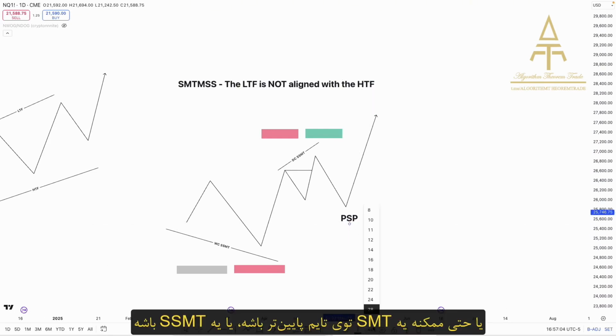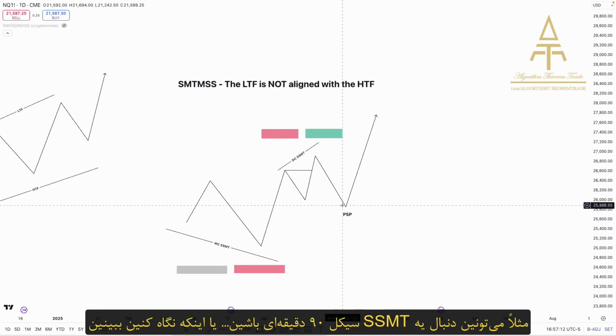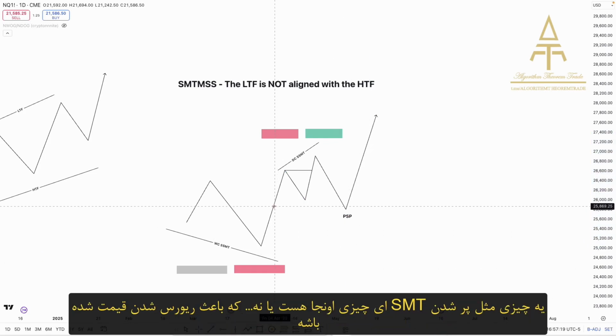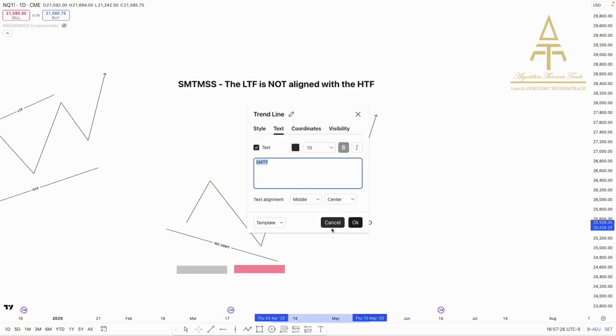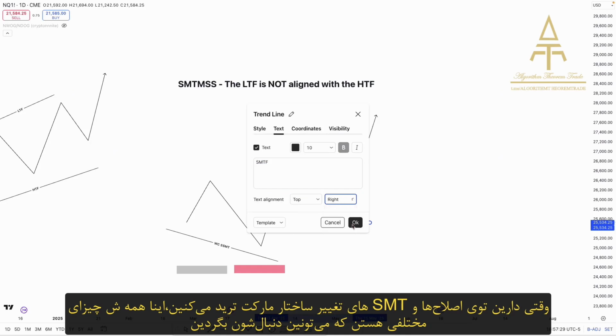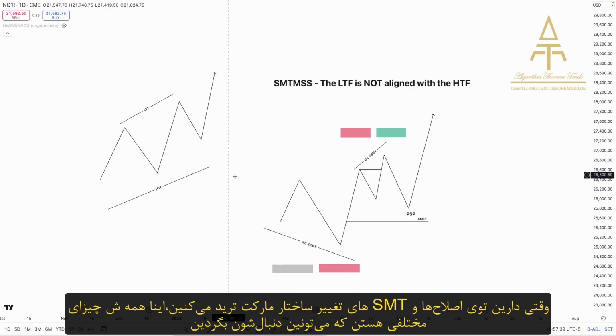It could be an even lower time frame SMT or sequential SMT. So you may look for a 90-minute cycle sequential SMT here, or you can look for things like SMT fill, causing price to reverse.